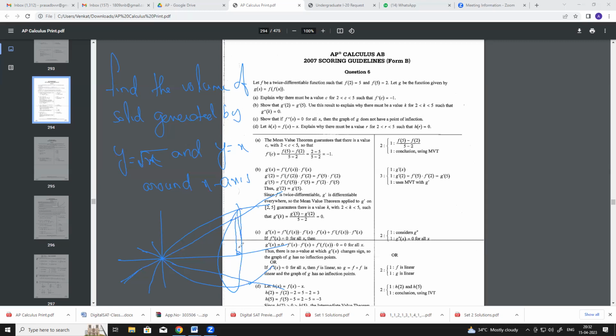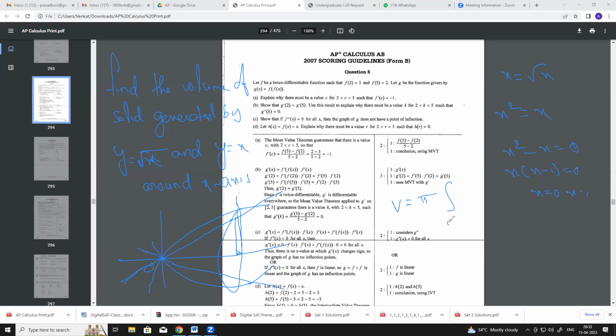For the point where both the curves intersect, x is equal to root x; squaring both sides, x square is equal to x. Bring this side: x square minus x is 0. Take x common: x into x minus 1 is 0. So x is equal to 0 or x is equal to 1.